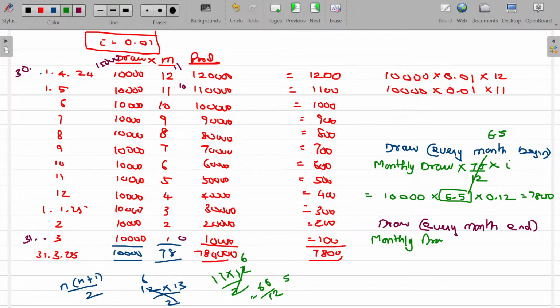So the value being 5.5, isn't it? So now monthly drawings into 5.5 into rate of interest. That's the formula. Now the final value being 15,000 into 5.5 multiplied by 12%. Come on, get the value. 9,900. Hope now you'll be able to understand this one.